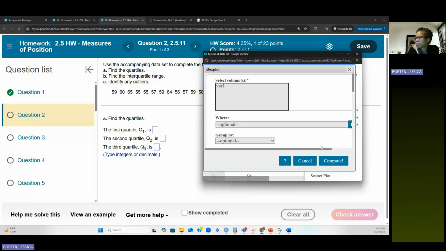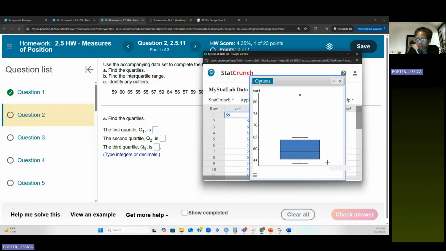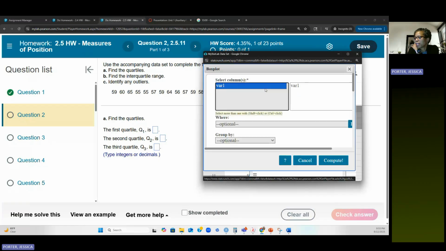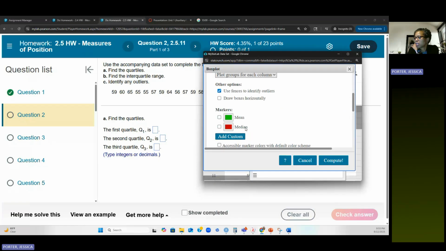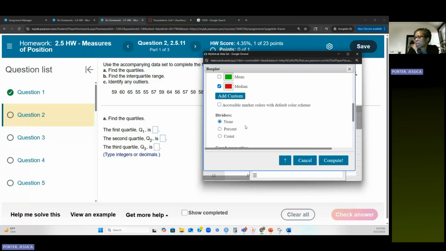Box plot. var1. Compute. Yes, it's just 90. Not 91 or 92, when we're talking about the deciles. Options. Edit. I want this to show me the median, and then draw the box horizontally.